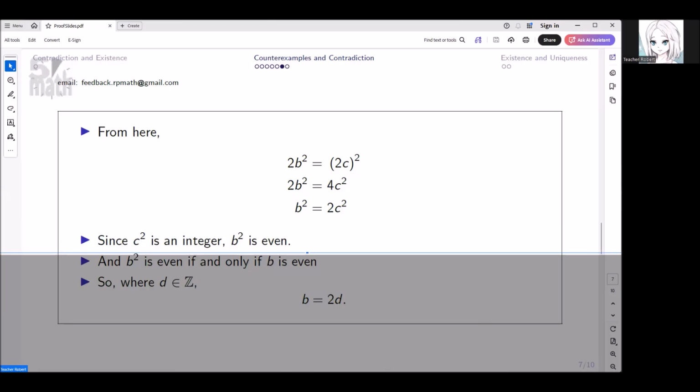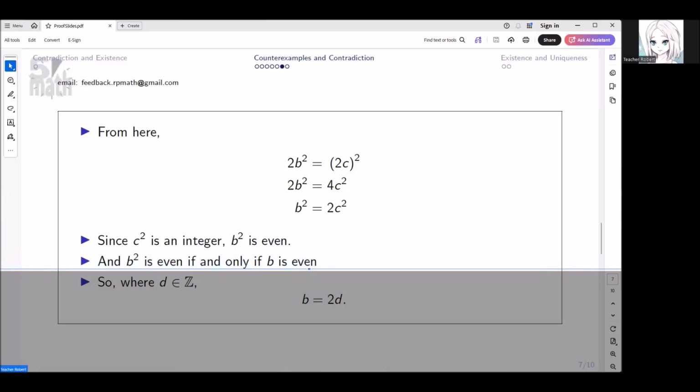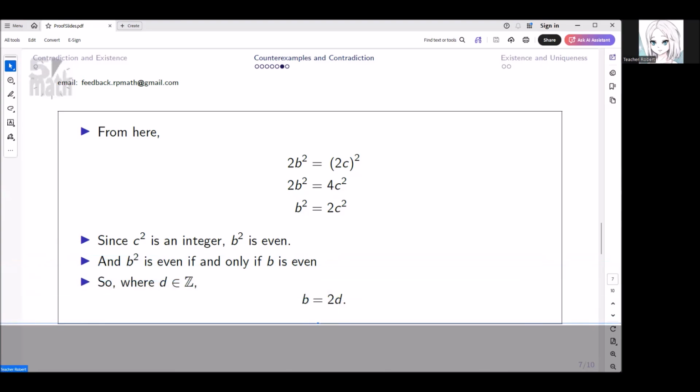Since c squared is an integer, b squared is even. And b squared is even if and only if b is even. So, where d is an element of the integers, b equals 2d.